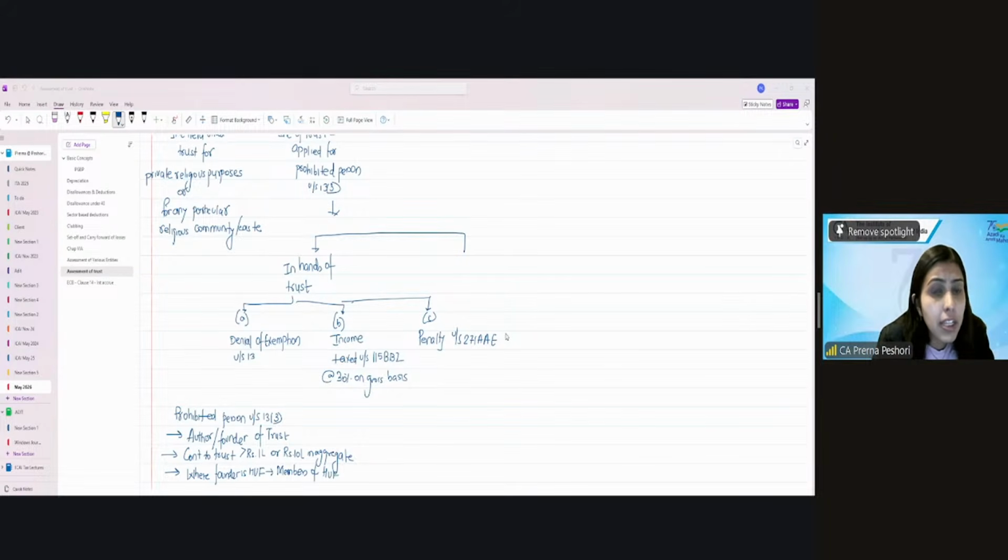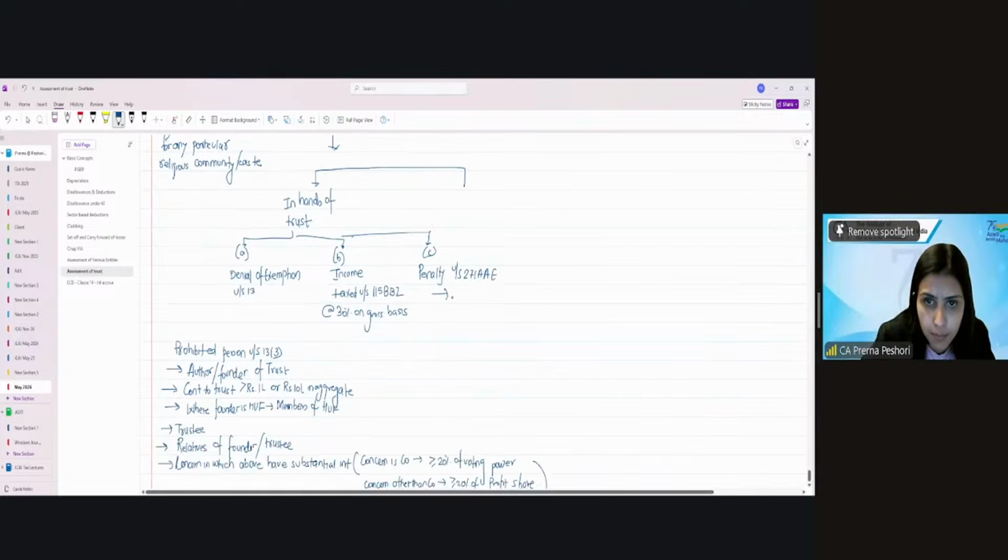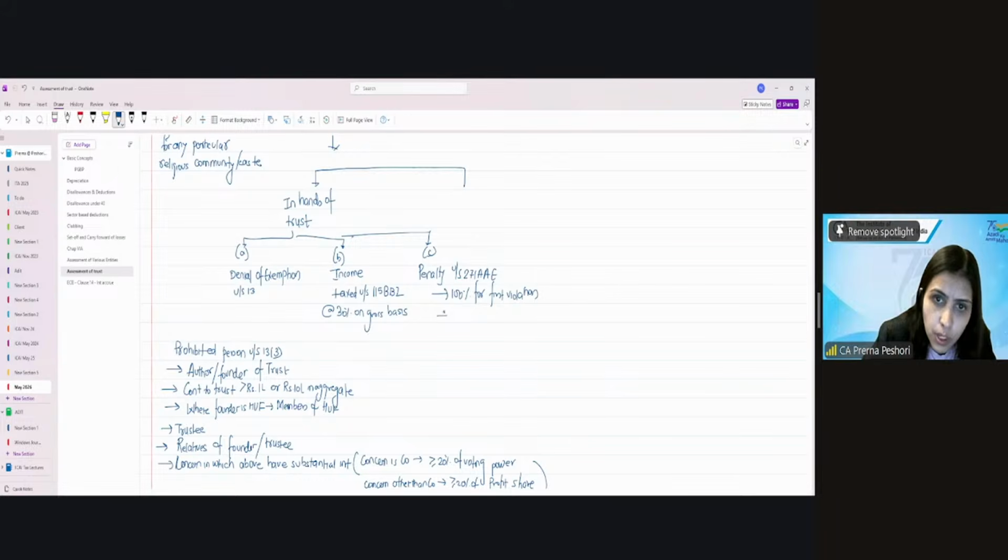So there is a penalty under section 271 AAE where the AO may direct the penalty equal to 100% of the amount of income so applied, where the violation is for the first time. And for the subsequent violation, it will be 200%. So this is 100 and 200% of the income applied.